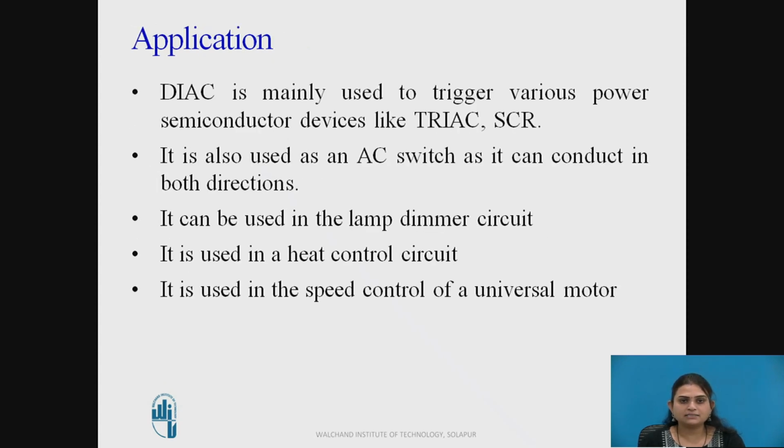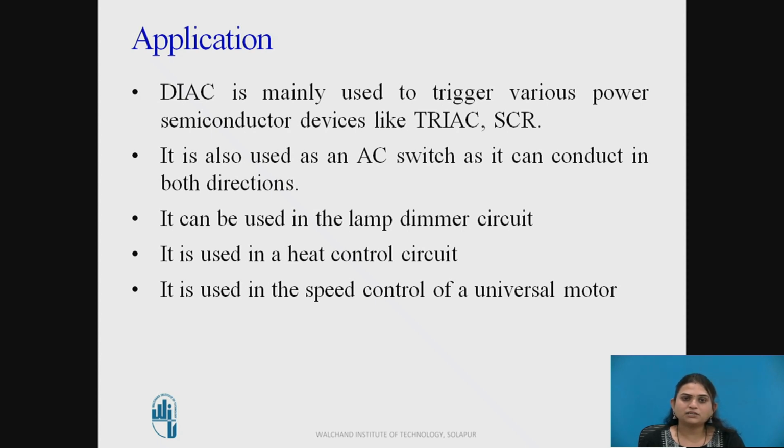These are the applications. DIAC is mainly used to trigger various power semiconductor devices like TRIAC and SCR. It is also used as an AC switch as it can conduct in both directions, so we can have the output for the positive half cycle and the negative half cycle.